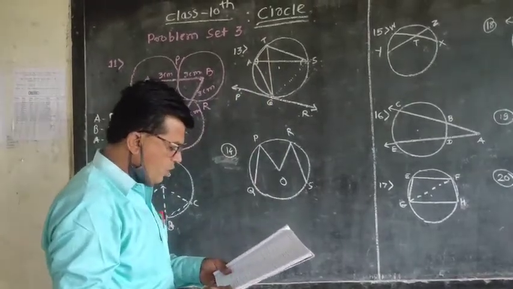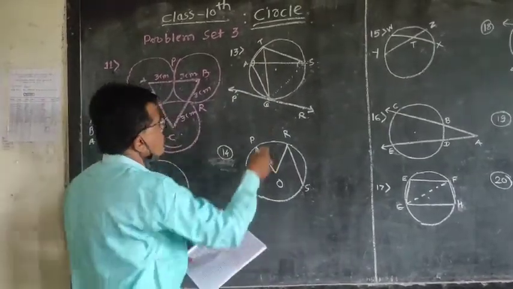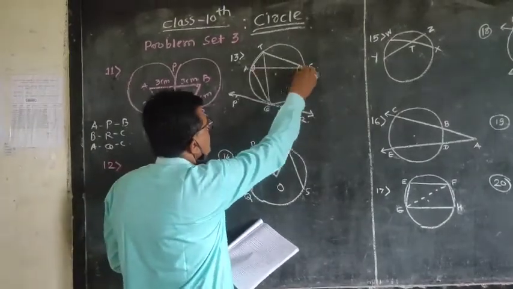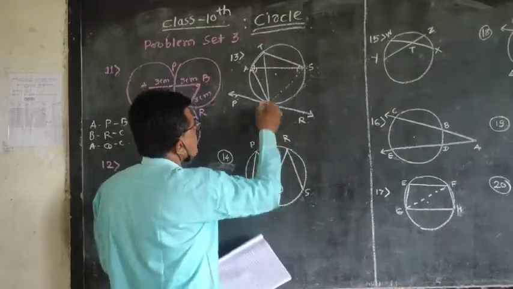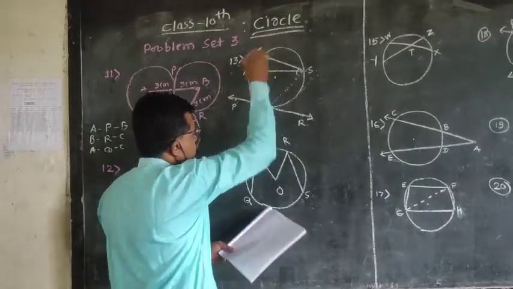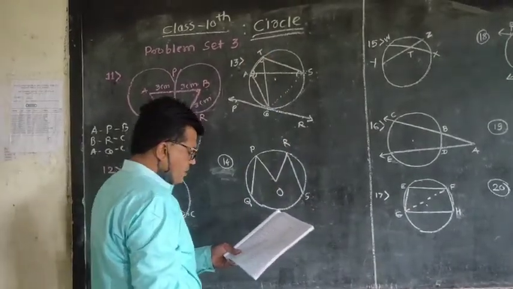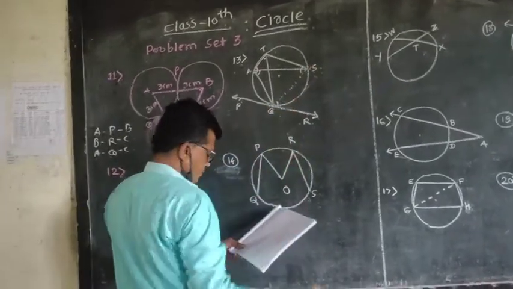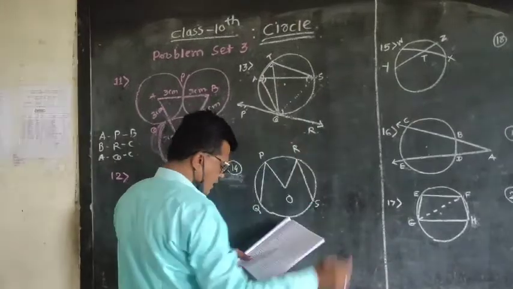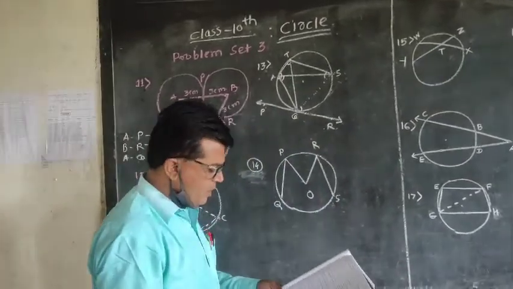Here angle QAS and angle QTS, and SQR and QTS, are congruent by the tangent secant theorem.